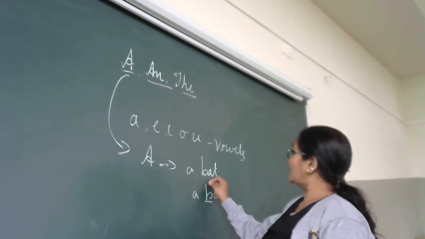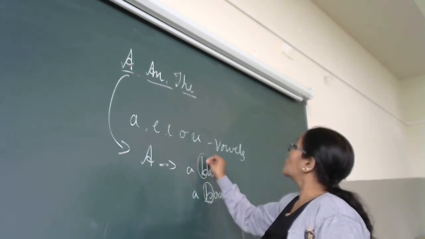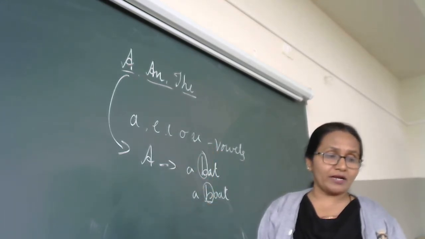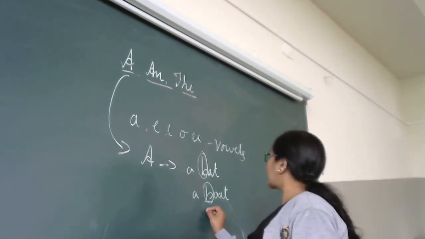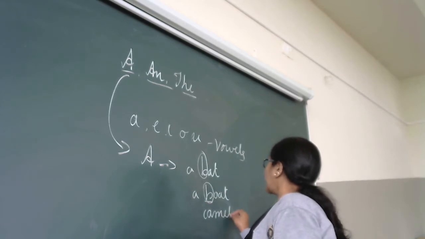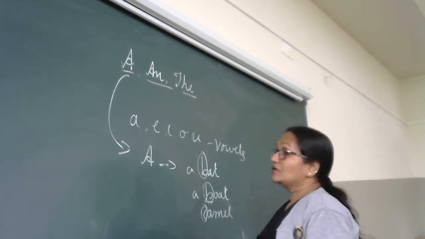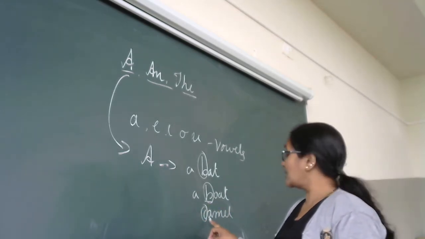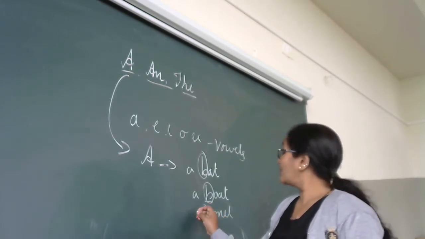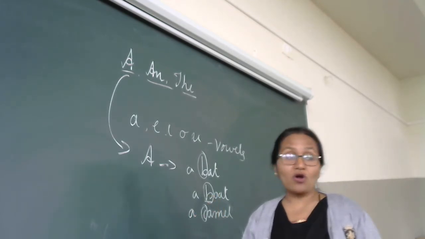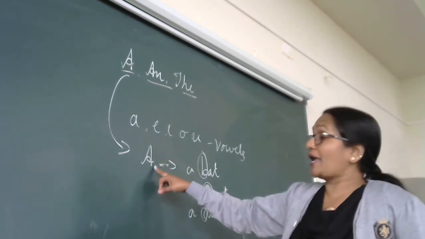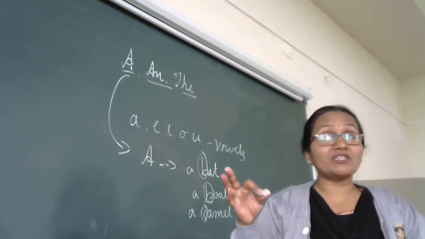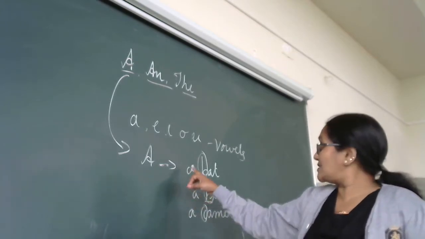You can see the first letter begins with a consonant. For camel, a noun, an animal, C-A-M-E-L, the first letter is a consonant. So we use a before the noun which begins with a consonant sound.